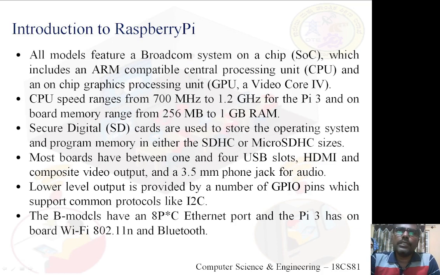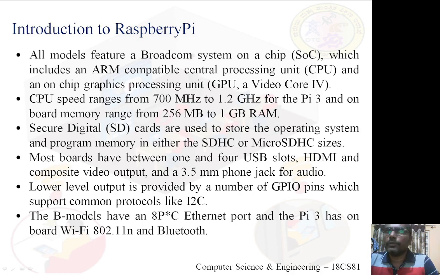Next, the speed of CPU ranges from 700 megahertz to 1.2 gigahertz in case of Raspberry Pi 3. And on onboard memory, like when I say computer, it should have memory, right?